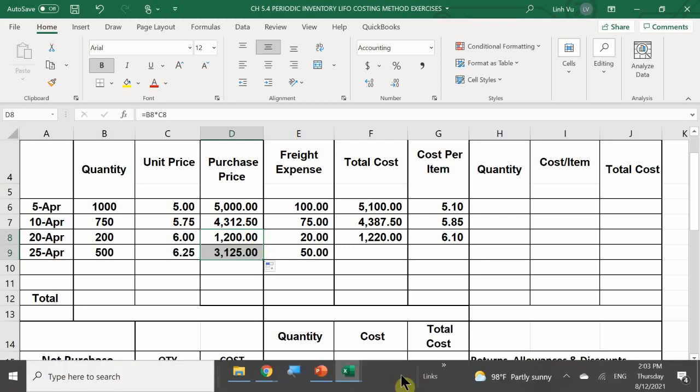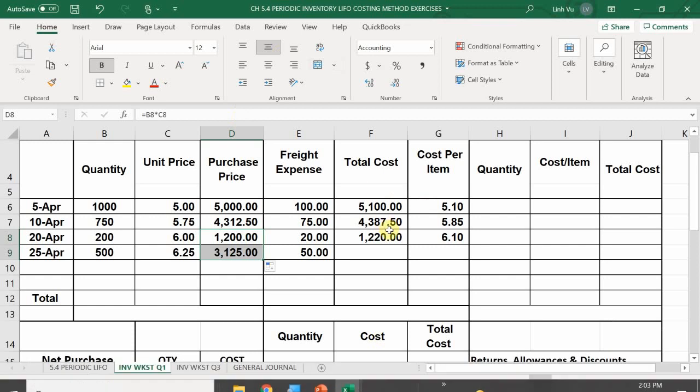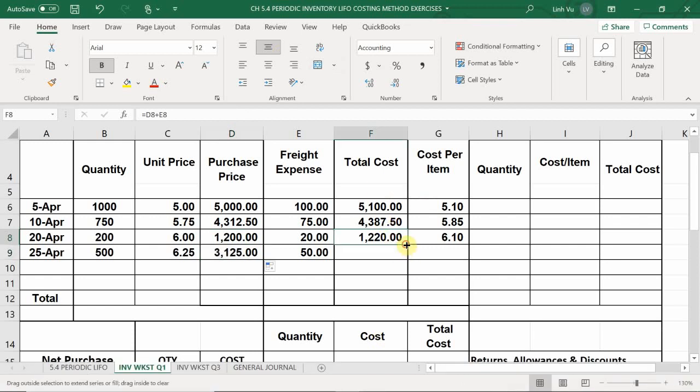Good. Plus my $50 freight, $3,175. Okay. And that brings my cost per item to be $6.35. Good. Okay.